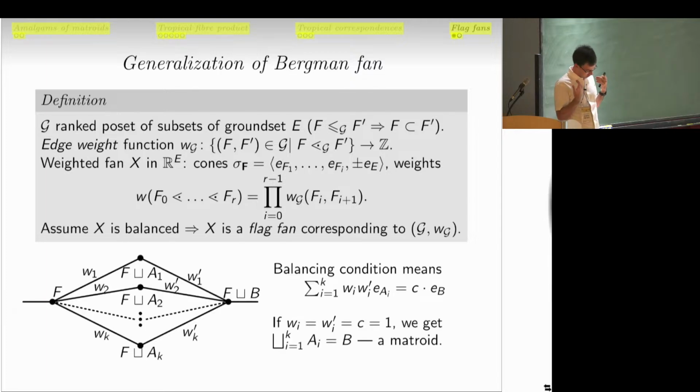In both these theorems, we have to work with things which are not Bergman fans. So what are they? These things are natural generalizations of Bergman fans, which are like posets which still have the submodularity condition.